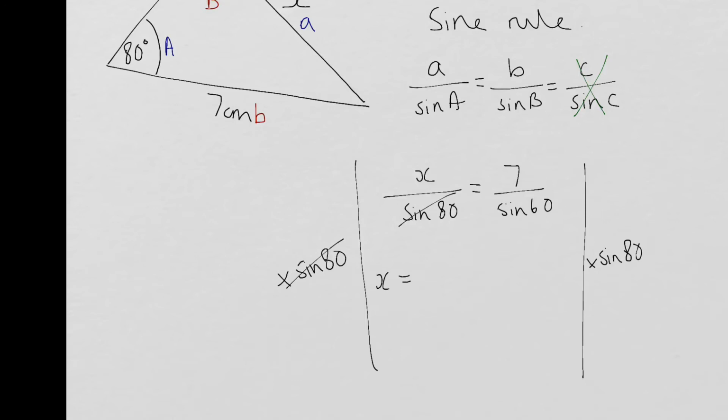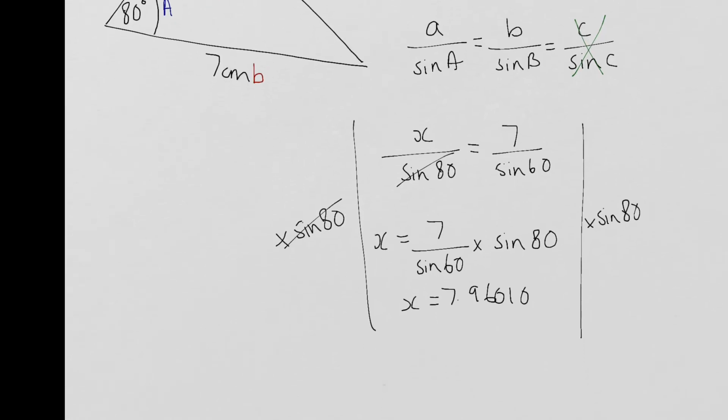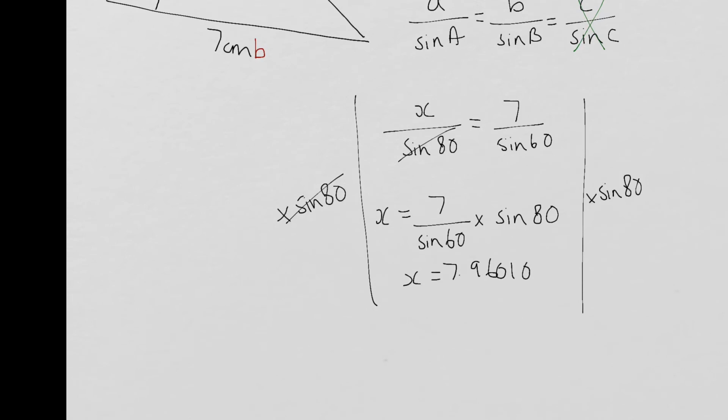I will get x is equal to 7 over sine of 60 times by sine of 80. So pop that into your calculators and see what you get. So you should get x is equal to 7.96, and if I round that to one decimal place, we should get 8.0. And if the question does ask you to put it to one decimal place, it is really important that we don't forget that 0.0 and then centimetres.